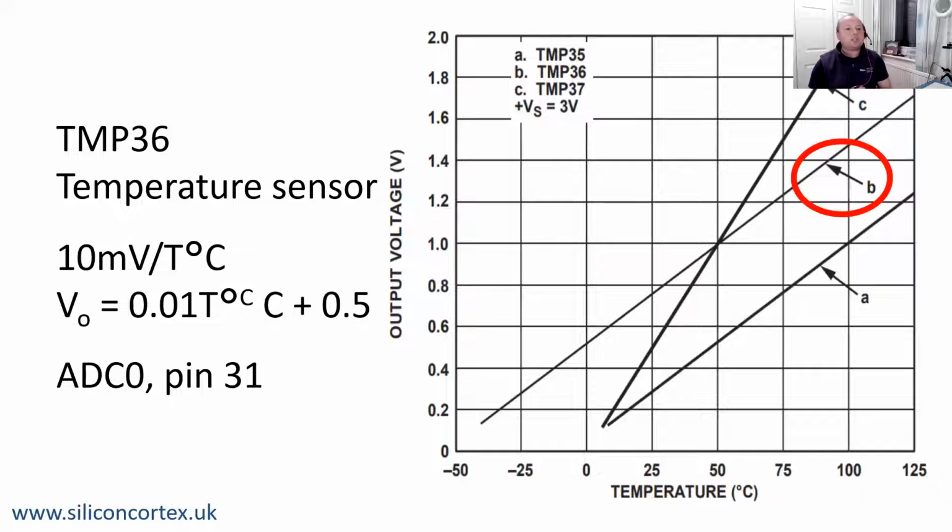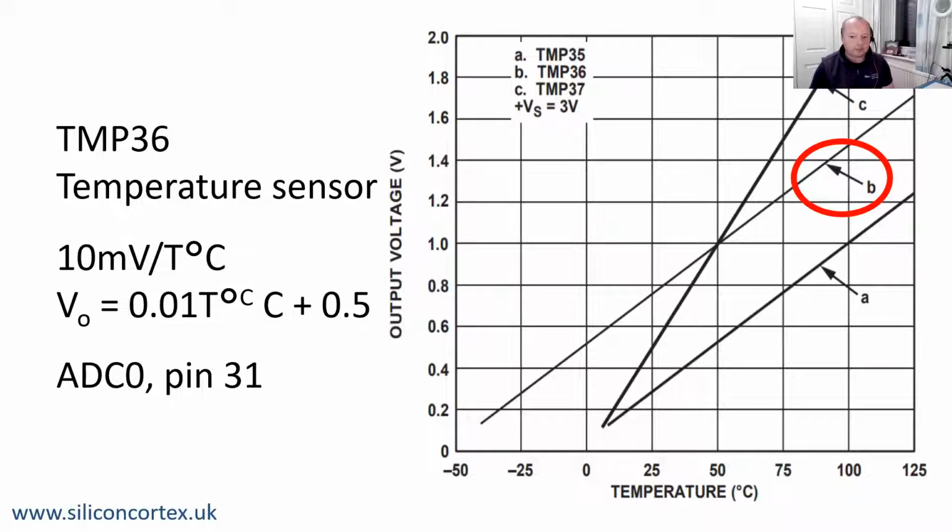Right, so the data sheet for the TMP36, it's just an analog temperature sensor. I've put the data sheet in the downloads. This is the important page for us here. So we're using the TMP36, and I've just worked out, let's have a look at it a bit more detail, what the equation is for the voltage coming out of the sensor and into the Pico, depending on what the temperature is.